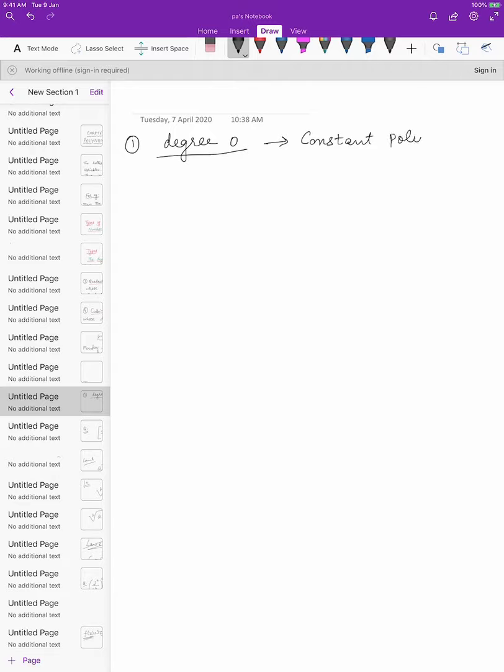For example, if I take 8, can I call it a polynomial? Yes, it is very much a polynomial because I can write this as 8 into x to the power 0. I mean, 8 can be written as 8 into 1, and in place of 1 I can write x to the power 0. This you have already studied in exponents.